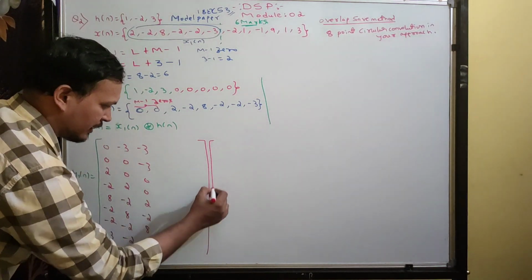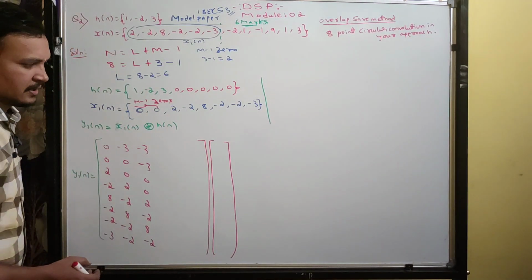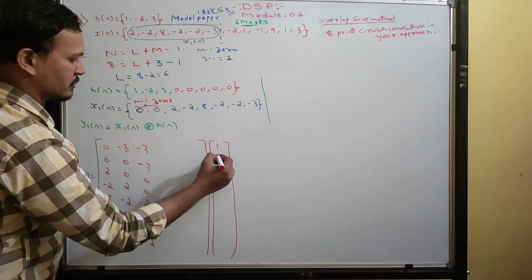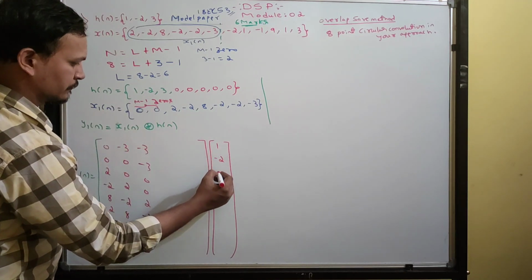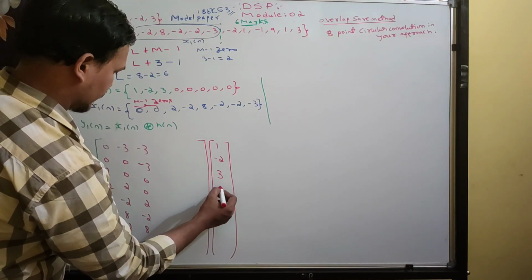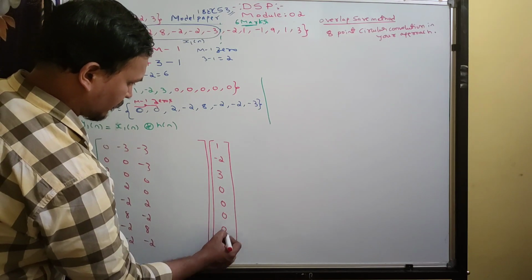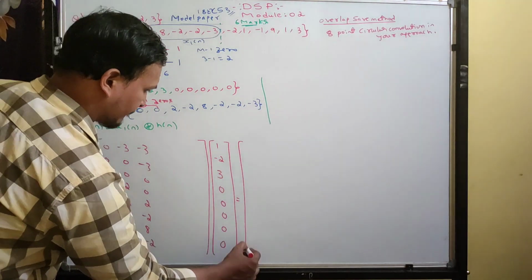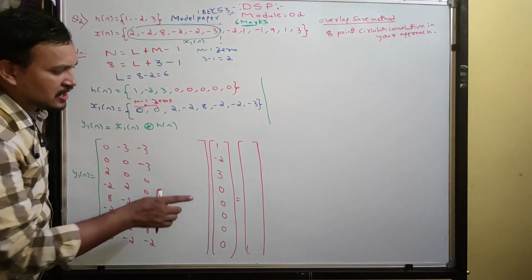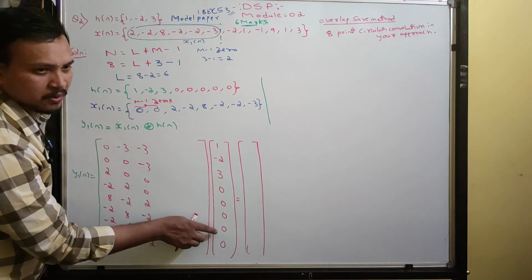Then multiplied by, I'll tell you the reason why I have not written further. Then multiplied by h of n. What is this h of n? 1, minus 2, 3, and later 5 zeros. Now multiply. In h of n we have only 3 samples at the start: 1, minus 2, 3. Rest everything is 0.